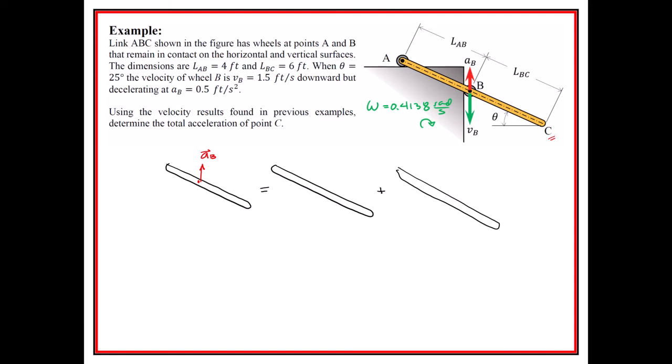But in terms of strategy for solving this, we will first look at the equation: acceleration of A is equal to the acceleration of B plus the acceleration of A with respect to B tangential plus A with respect to B normal.